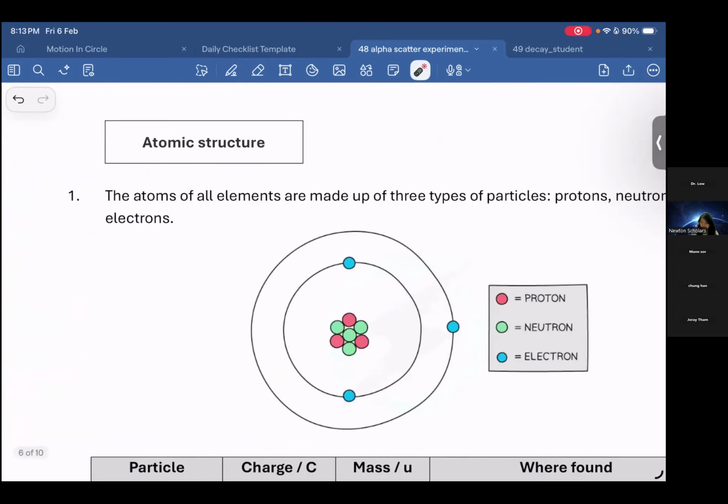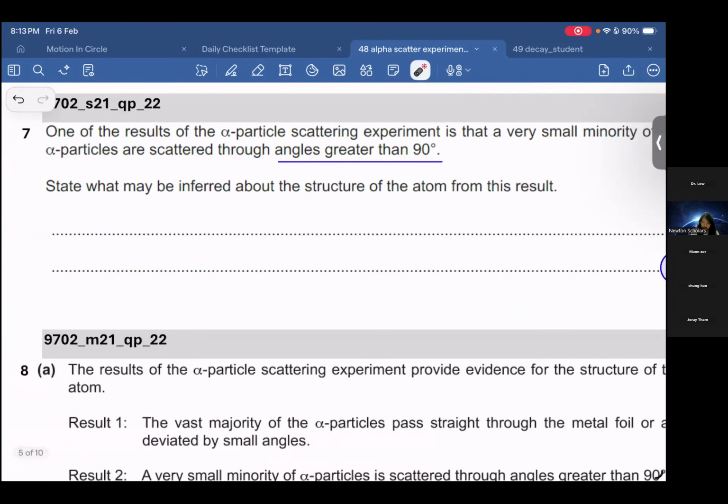Okay, we write together. 2 marks. So you always check the marks and then write the points according to the marks. Okay, so here, scattered, so I know that the nucleus is charged.